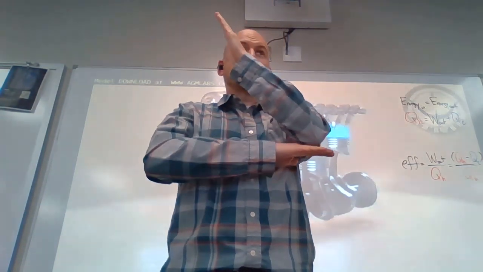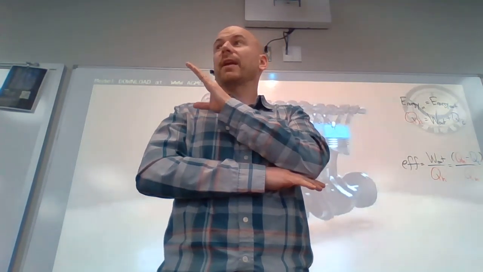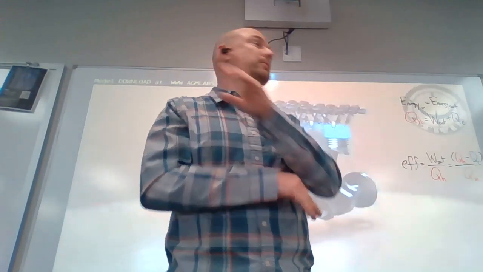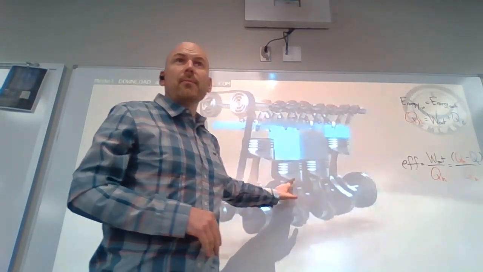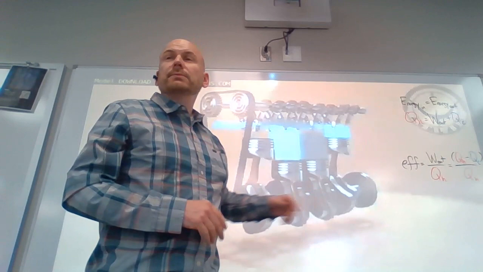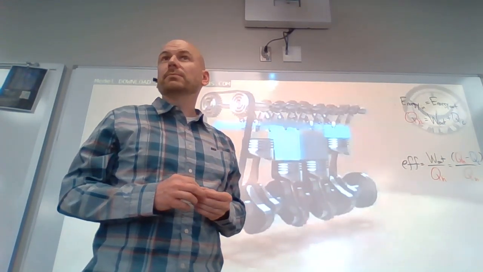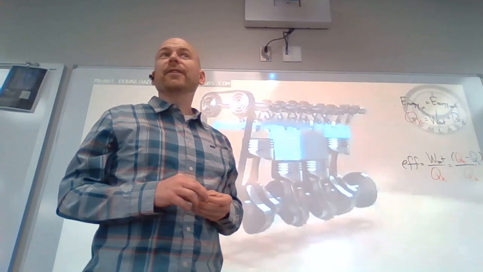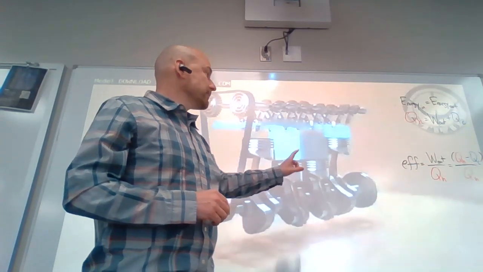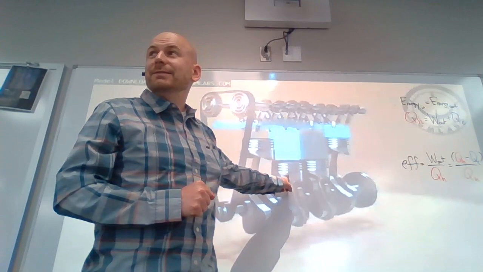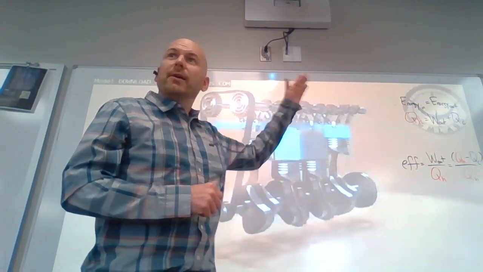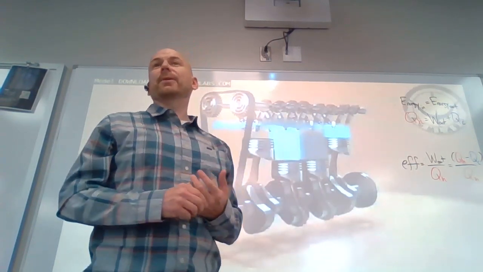Your tachometer says 3. That is 3,000 rotations per minute. Divide that by 60. That is 50 rotations per second. This thing goes up and down 50 times in one Mississippi.